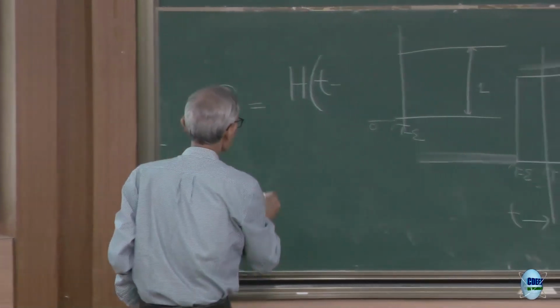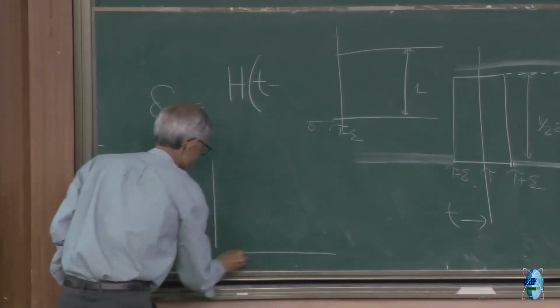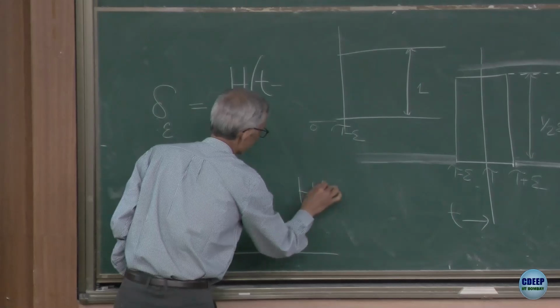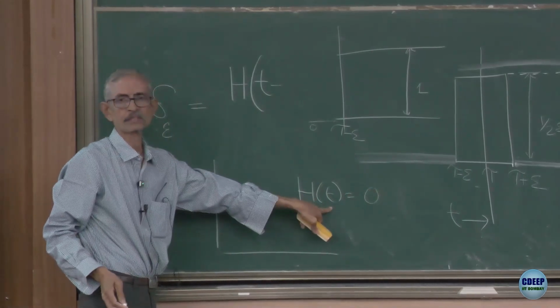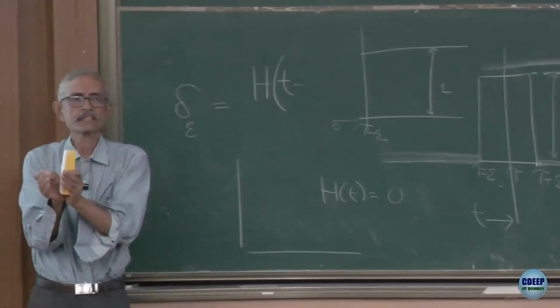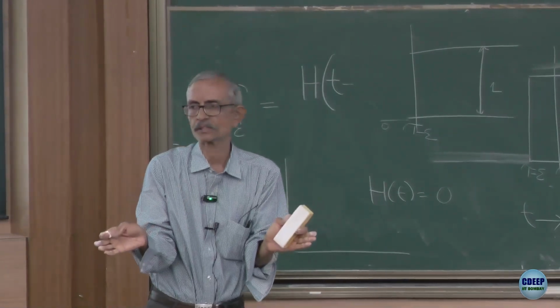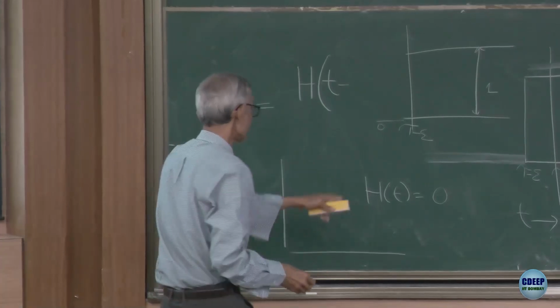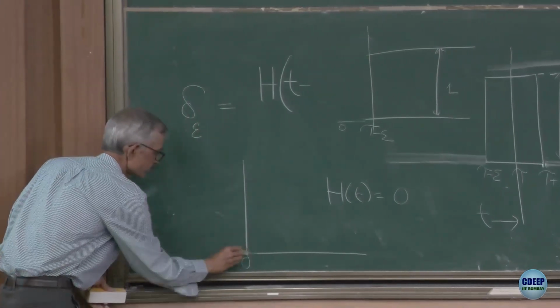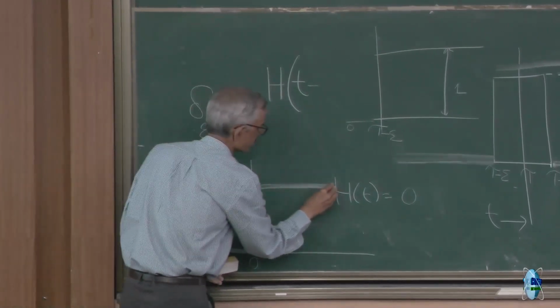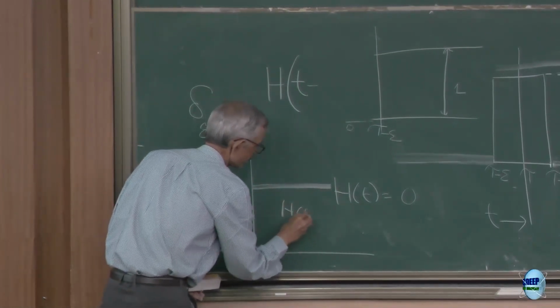Okay, what was my Heaviside function definition? H of t is equal to 0 up to t equal to 0. Whatever is inside the bracket, I'm going to make equal to 0. So this is my Heaviside function, h of t.